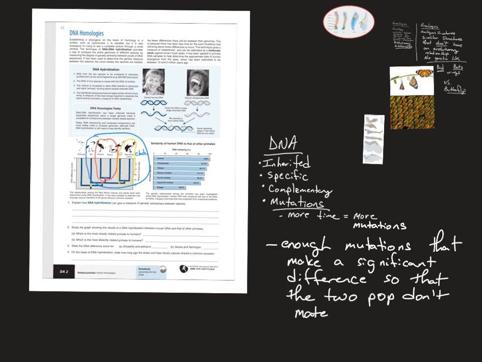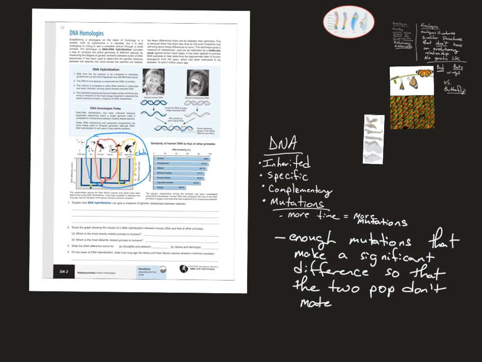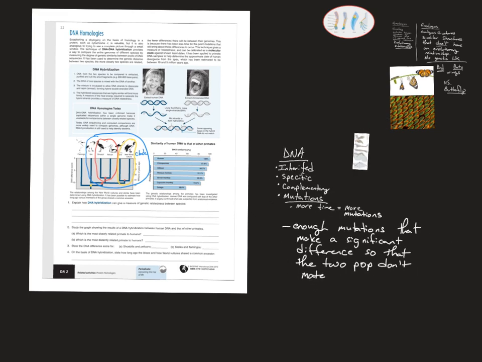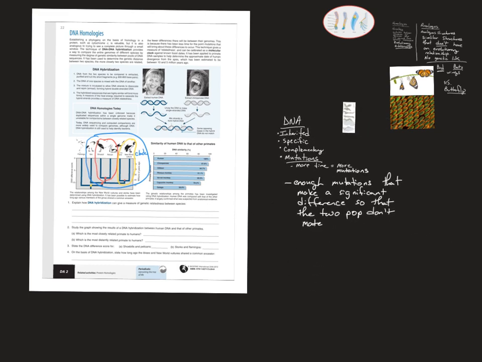So whether that means they choose not to mate because they look significantly different, or that they can't mate because they have a different number of chromosomes and they can't successfully make a baby that can make babies, etc. Whatever that looks like, if the two populations no longer can mate, then we call that a new species.